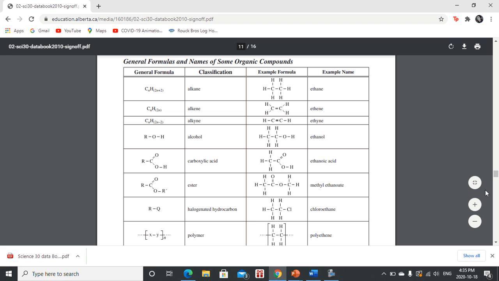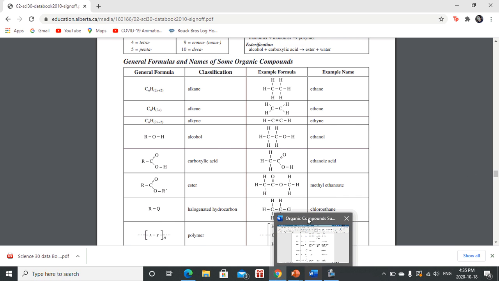So in the previous lesson, once again, we saw the alkanes, the alkenes, and the alkynes, and the halogenated organic compounds. And in this lesson, what we did see are the alcohols, the carboxylic acids, and the esters. They give you the general formula. They even give you an example and how it is named for that organic compound as well.